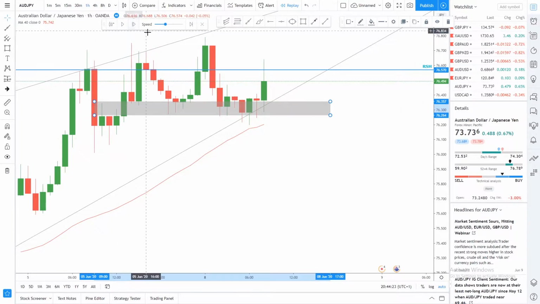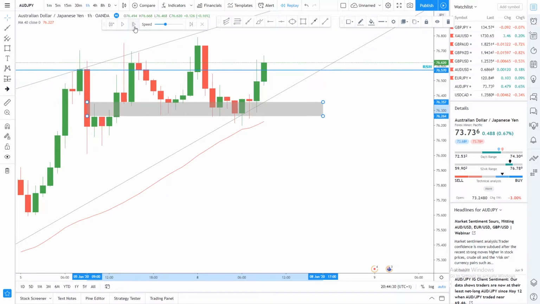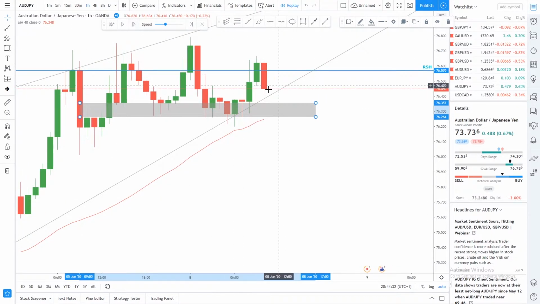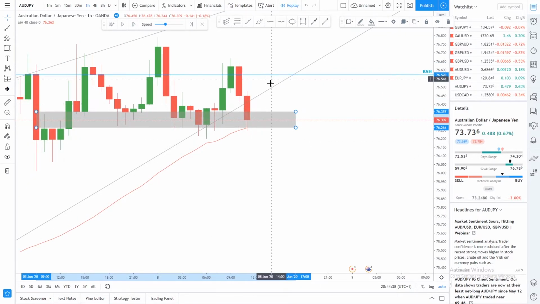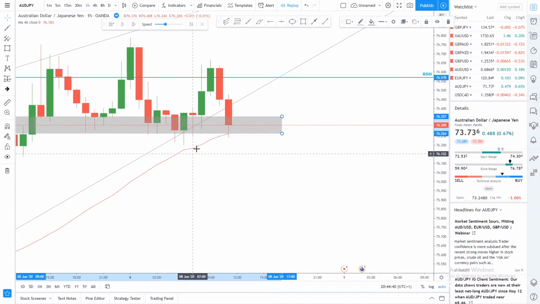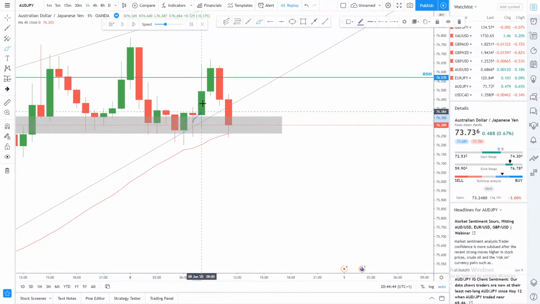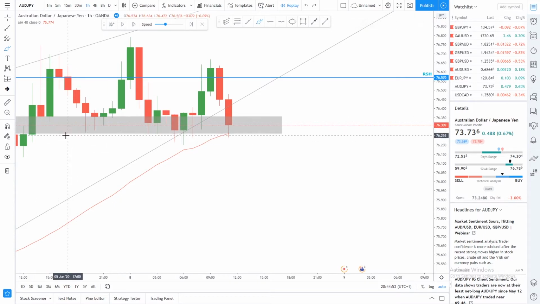So if we just skip along again, as you can see, a little bit of bullish momentum, still trying to follow the trend line, and then a big bearish engulfing candle, showing more signs of rejection, and then the break of the trend line. Now the reason why price started to come up here, as you can see, is because of this 40 MA, as well as the supports here.